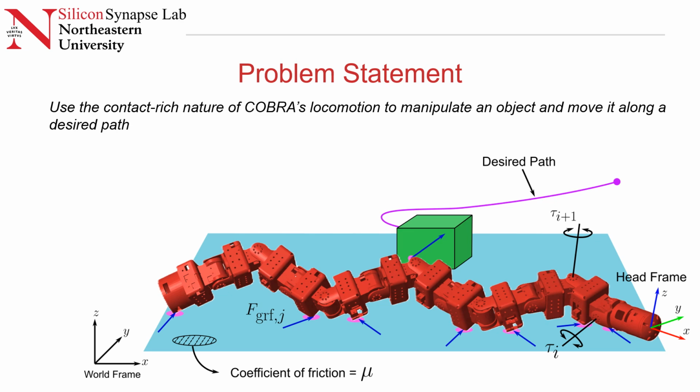In order to do this, the approach we take is implicitly considering the contact forces between the robot and the ground, and also the robot and the box, and incorporating all of this dynamics into a unified model that we can apply optimization on to develop a desired path.